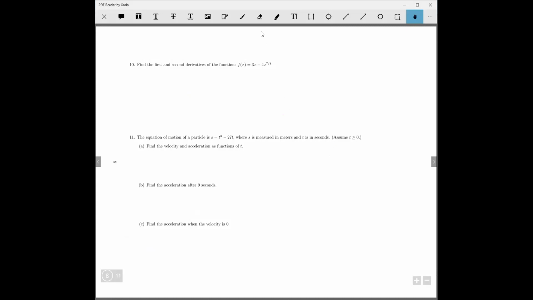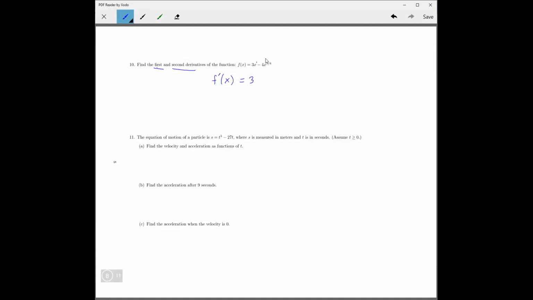Okay, so let's take a look at number 10. Here you want the first and second derivatives, so you want to take two derivatives of that. So the first one, as before, this is like x to the 1, right? So we bring the 1 down, that's 3, times x to the 0, which is just 1, so I don't even write it.